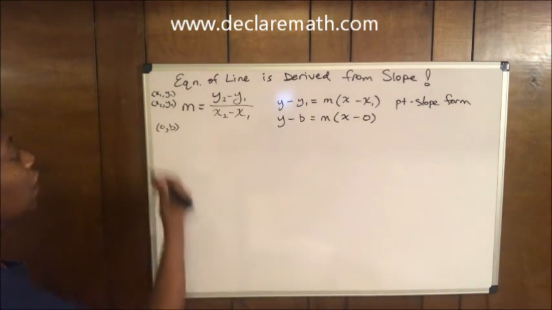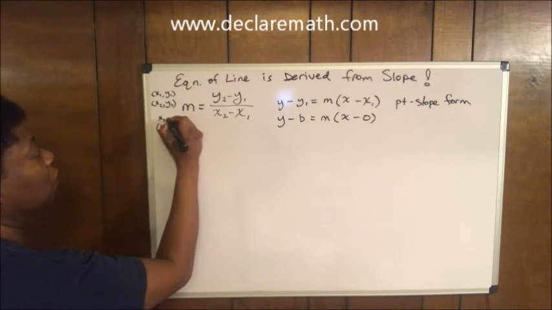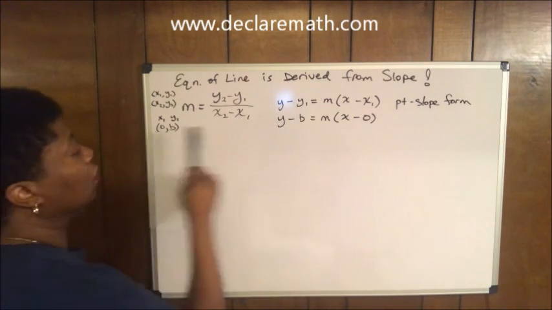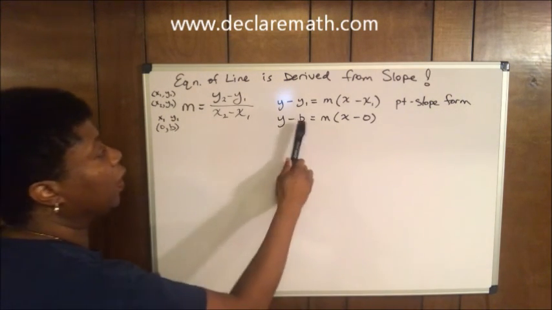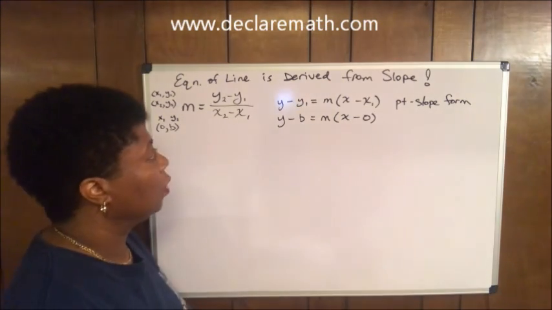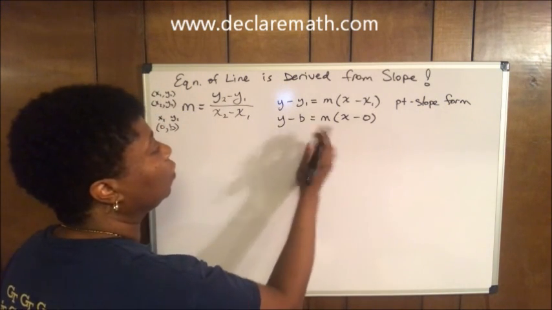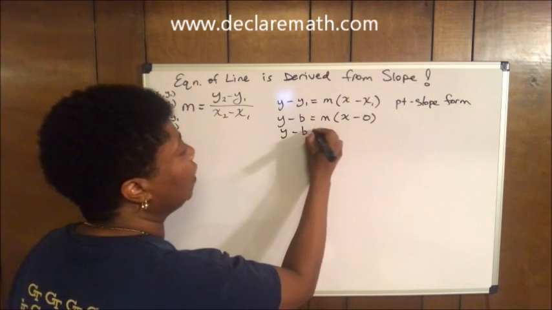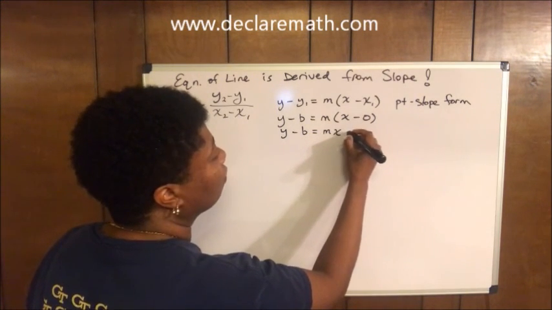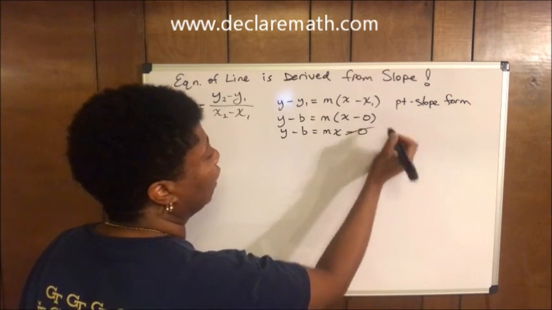So this is our point right here, and we call it point 1, x1, y1, x0, y represented by b. Okay, so now if we reduce this equation down, we get y minus b equals mx minus 0.